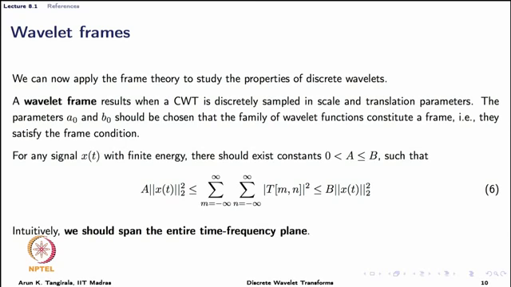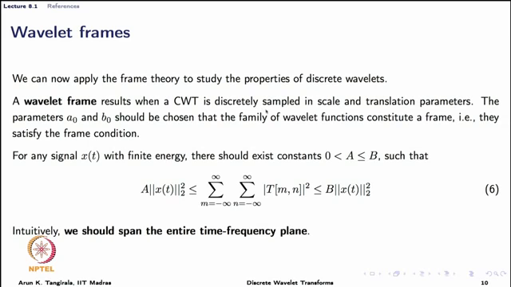Now, you can think of Fourier frames, you can think of any frame, your gamma could be anything. Now, my gammas are wavelets, right. So, a wavelet frame results essentially when a CWT is discretely sampled in scale and translation. So, this discrete is not DISCREET, that means something else in English. So, this is DISCRETE.